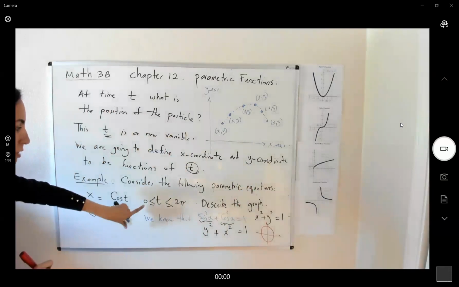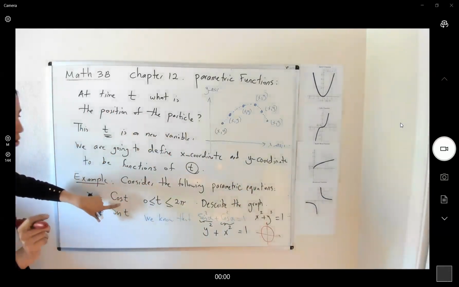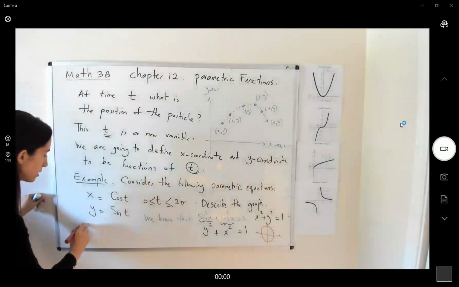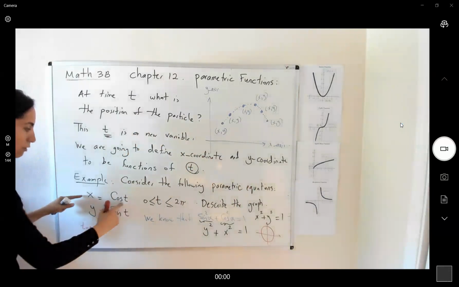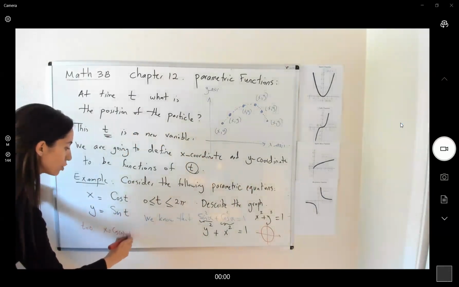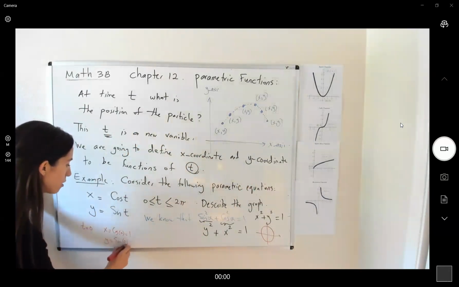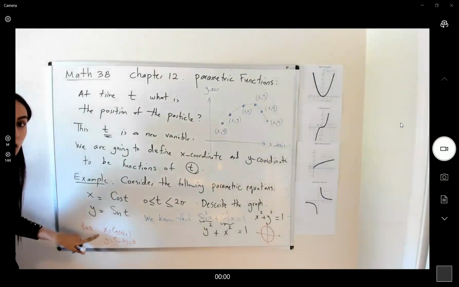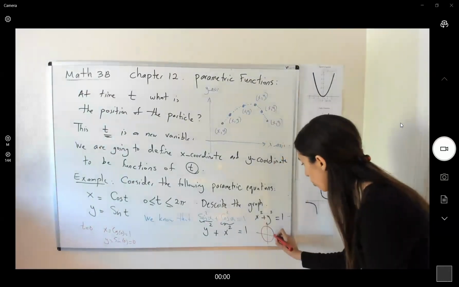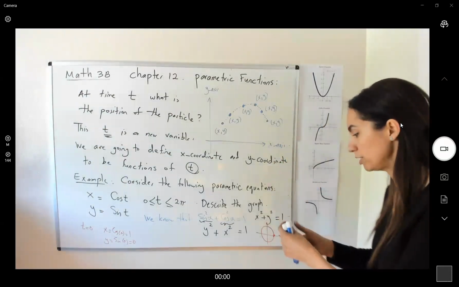If I plug in 0 for t, I just want to know what's the starting point. So if I plug in 0 for t, x is equal to cosine 0, which is 1, and y is equal to sine 0, which is 0. So the starting point is 1 and 0. This is the starting point. My particle starts at this point.